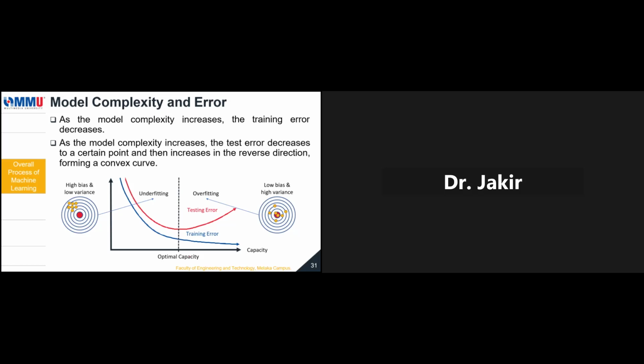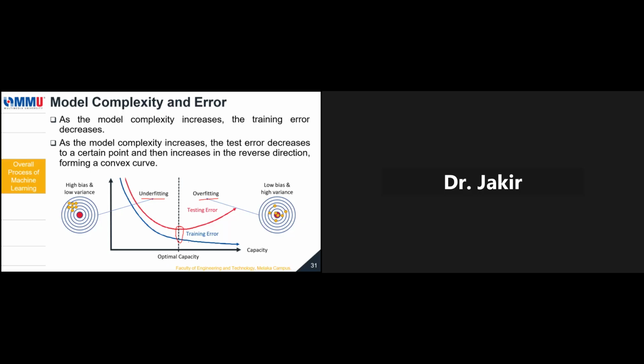There are other figures also, using the training error and testing error, so we can identify overfitting and underfitting. If the bias is high and the variance is low, we call it underfitting. So this part is underfitting, and this side is overfitting. How do we know? You see the testing error is reducing, and at the same time the training error is also reducing. At this point we call it the optimal capacity, the best or optimal model.